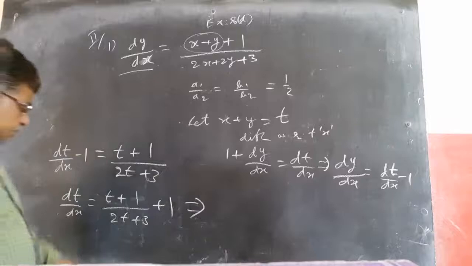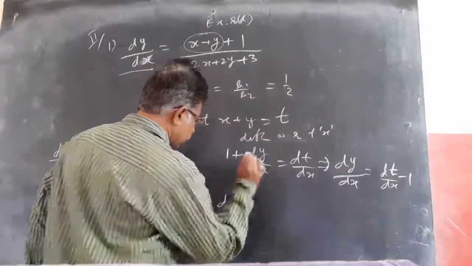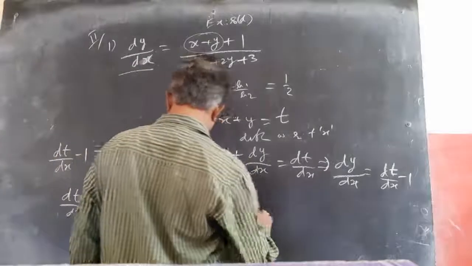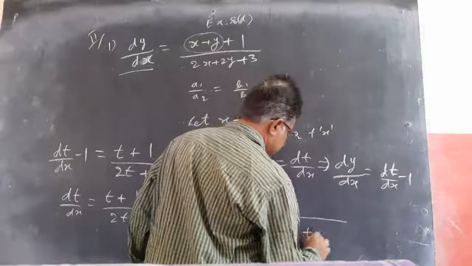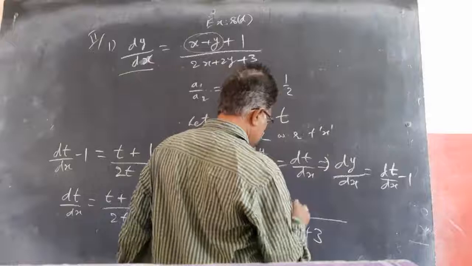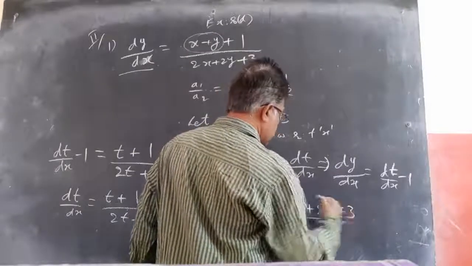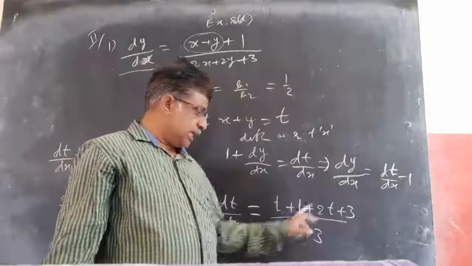Now the equation becomes dt by dx equal to, if I take 2t plus 3 as LCM, t plus 1 plus 2t plus 3, which becomes t plus 2t, 3t, plus 4.